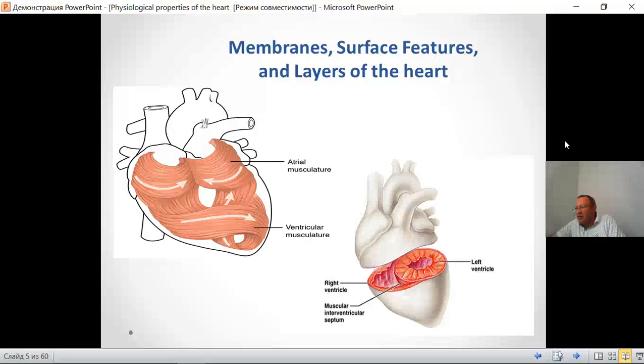The muscle pattern is elegant and complex, as the muscle cells swirl and spiral around the chambers of the heart. They form a figure-8 pattern around the atria and around the bases of the great vessels.